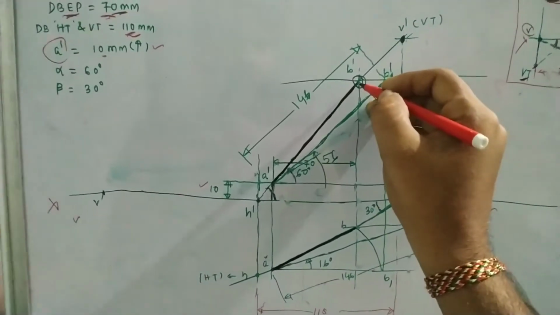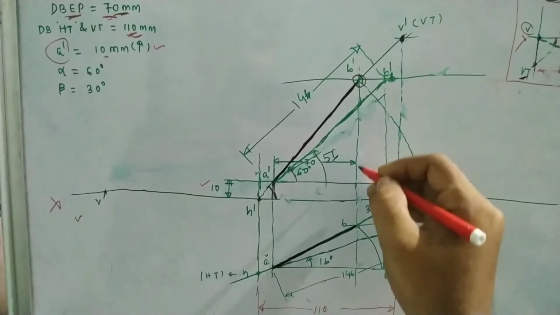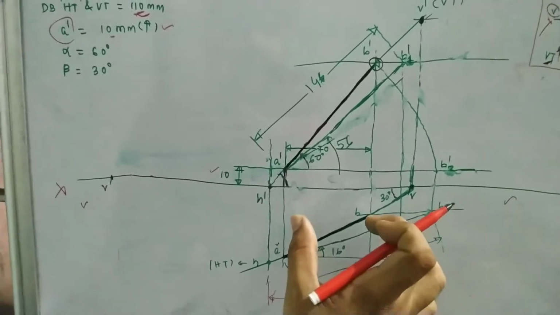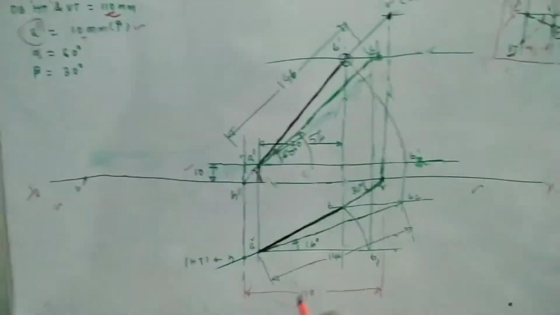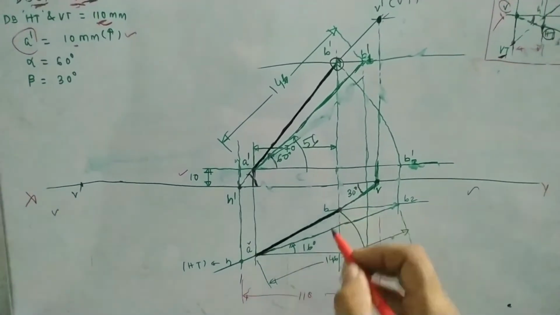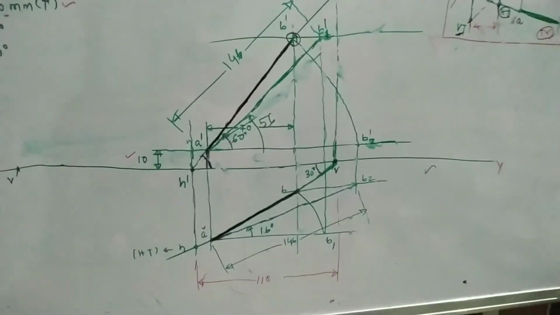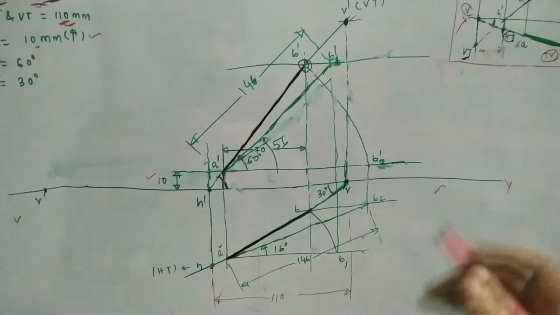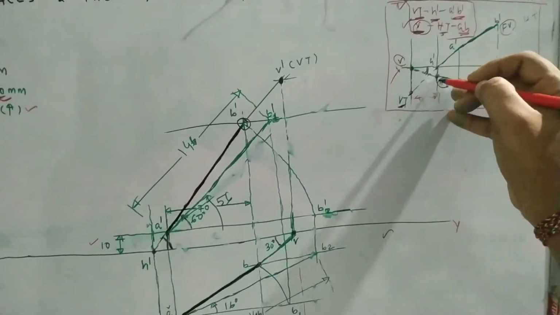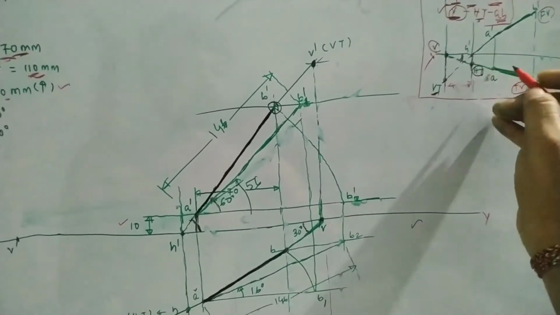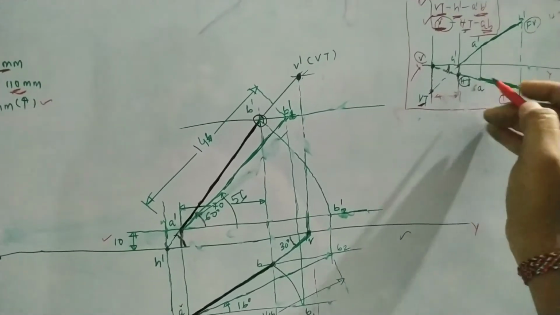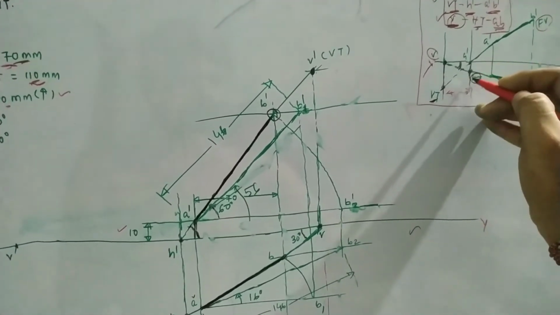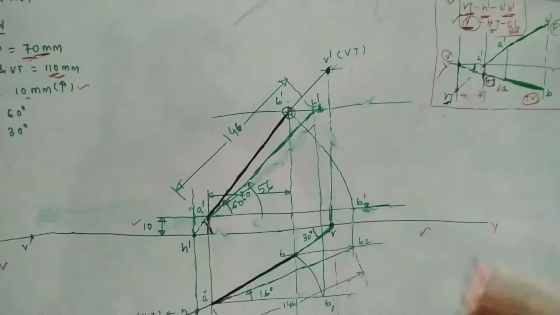Okay, as well as we have projected or extended this line because this distance is 70 mm, which is the given distance between projectors. So I can find out this point also. So A and B can be found out. Then the horizontal trace can also be found out because of the extension of this line, where your top view will intersect with this vertical line, that point will be the horizontal trace.